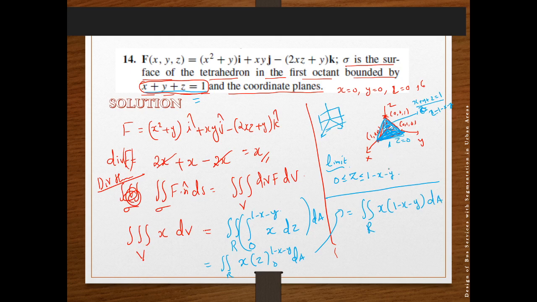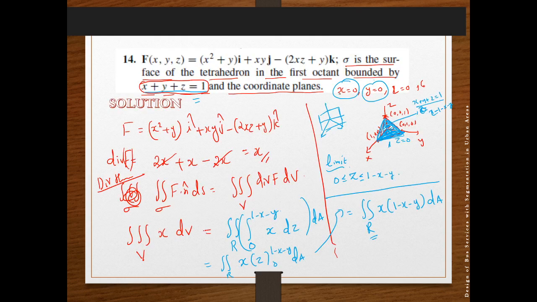Now we want to find out the limit of r. That means the projection of this on the plane. In order to find the projection in the plane, we already have it is cut by x equal to 0 and y equal to 0.